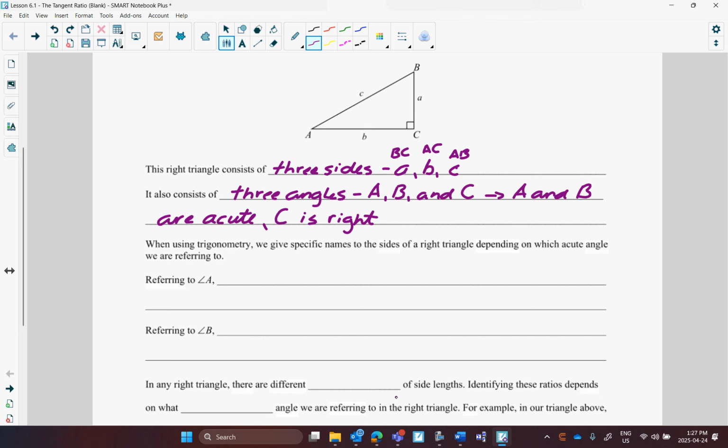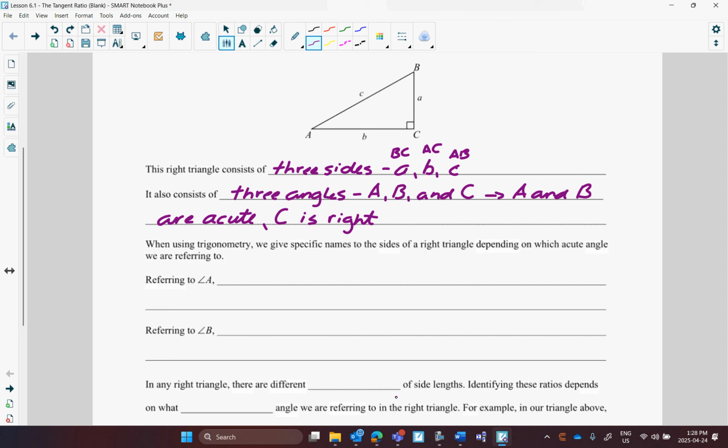Now, when you did Pythagoras, we called two of the sides legs, and we called the longest side in the right triangle... we don't remember that word? Thank you, hypotenuse. How did we find that? Like, how did we know which ones were the legs and which one was the hypotenuse in the right triangle?